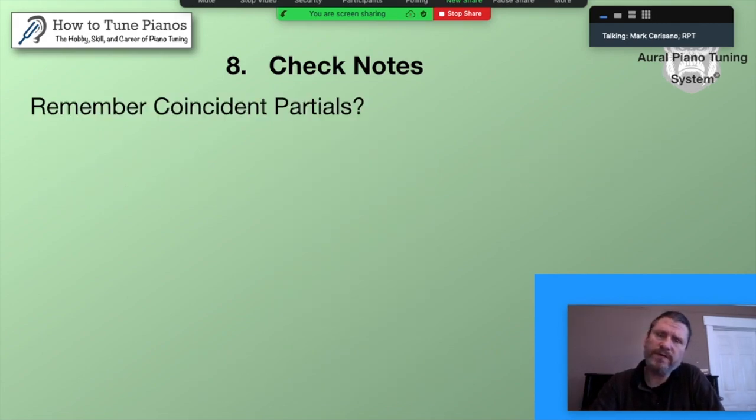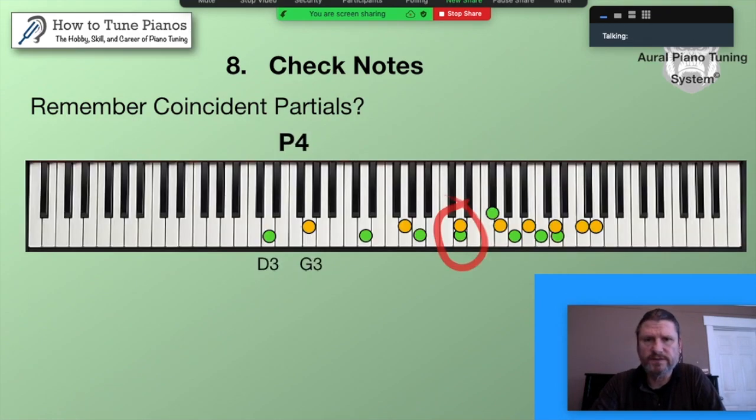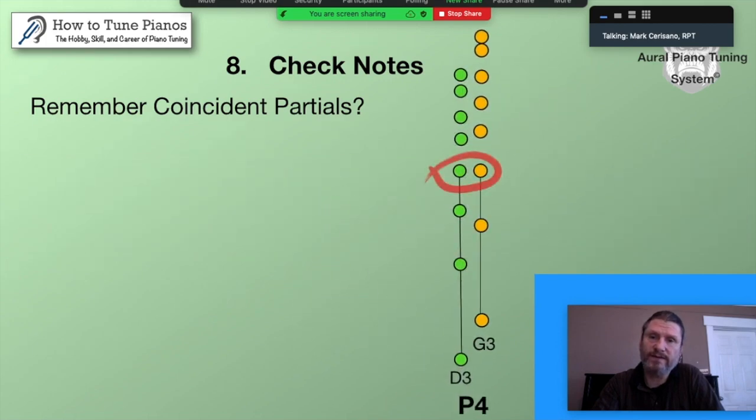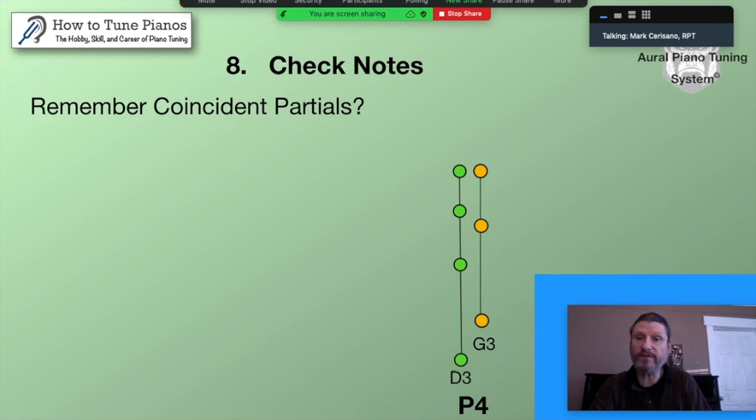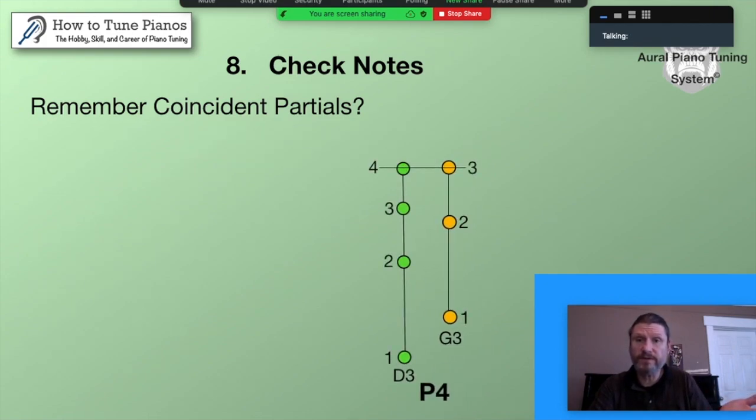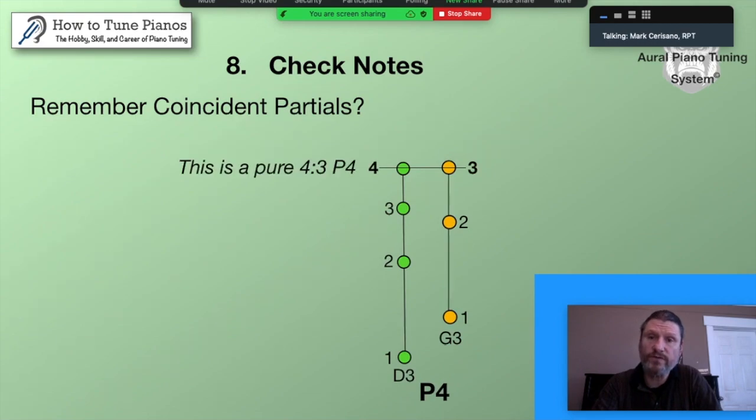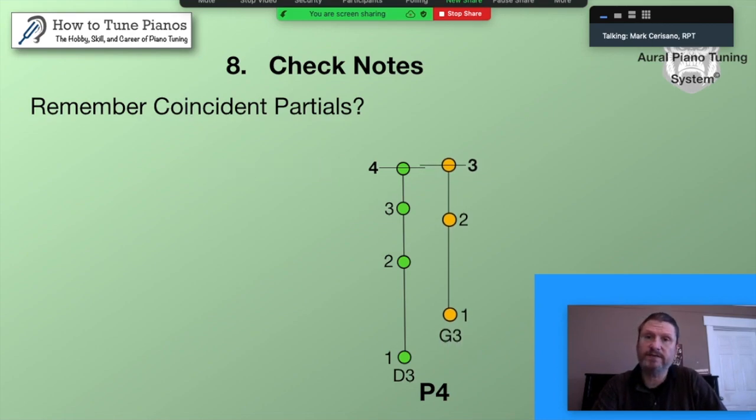So you remember when we talked about the coincident partials? Right here we've got the perfect fourth, D3, G3, with a bunch of partials, and there's a coincident partial right there. Let's look at it this way. Here we have a perfect fourth with coincident partial, 4-3 it's called. The way that these are shown, it's a pure fourth because the two coincident partials are the same frequency.